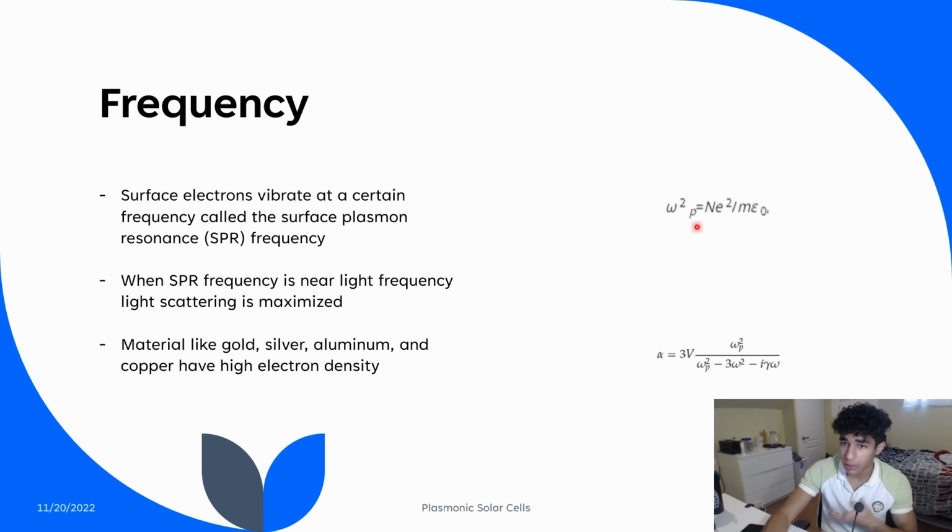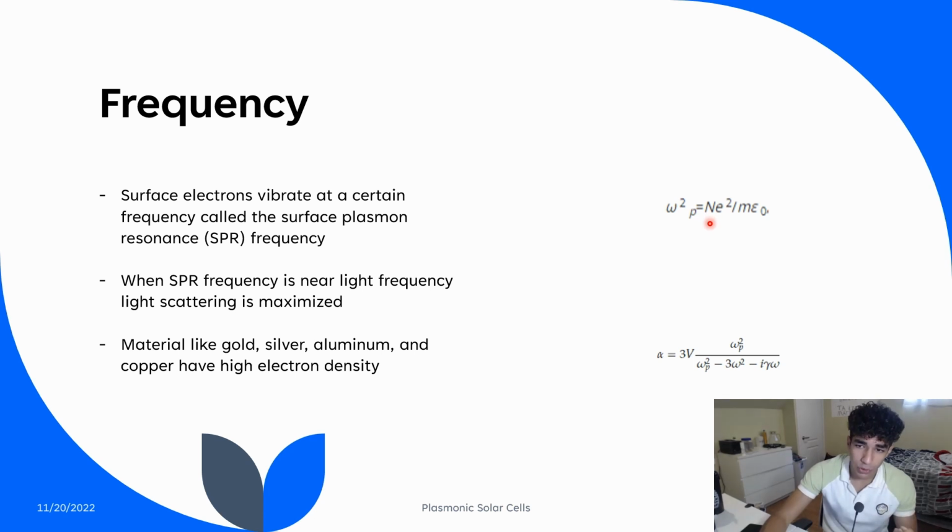If we look at the equation over here that describes the frequency, it's based on N, which is the density of free electrons, E, which is the electronic charge, M, the mass of an electron, and epsilon naught, which is the free space dielectric constant. What we notice here is that out of all of these, the only thing we have control over is N, the density of free electrons.